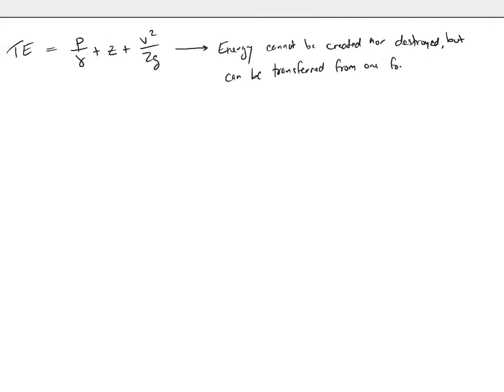I want to make a point here real quick before we keep going: this is true as long as we're not talking about atomic, nuclear physics, and we're assuming there are no nuclear reactions in our pipe. Basically, the energy in the system is going to remain constant, except for a little bit of loss, but we'll talk about that in a second. So this quantity is going to remain constant.